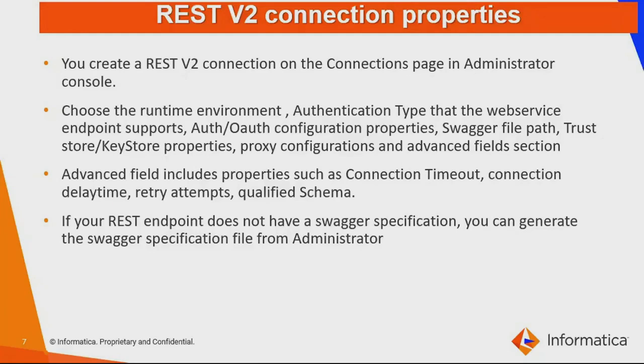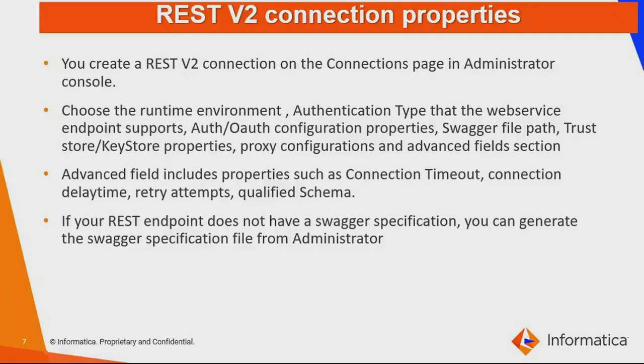The properties that can be set at the REST V2 connection level are auth or OAuth configuration properties, Swagger file path, truststore or keystore properties, proxy configuration, and advanced fields section. I'll be showing you a little more detail on each of these configurations in the upcoming slides.